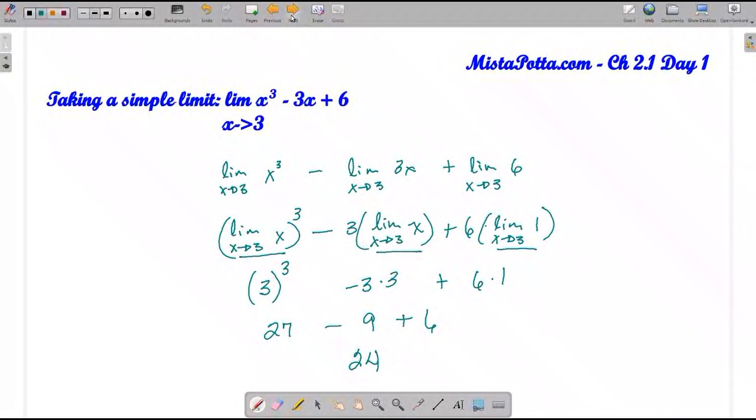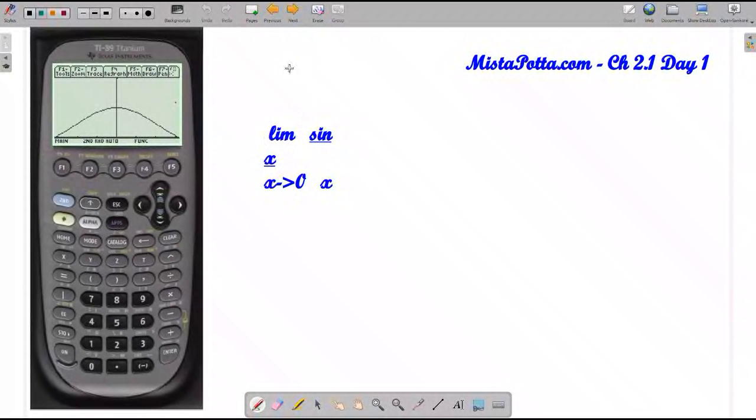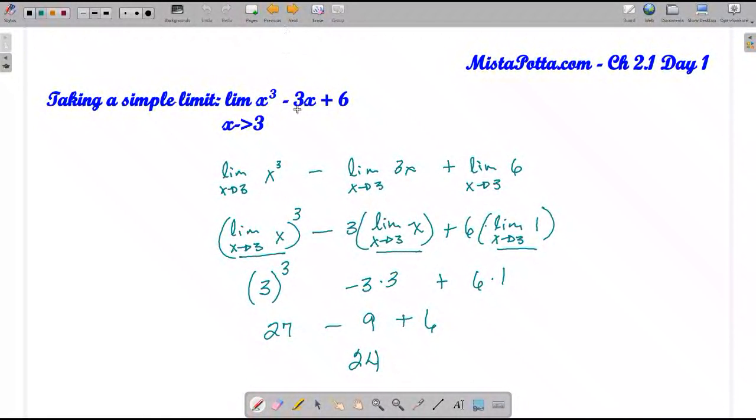So we end up with this idea here, that if I have the limit as x approaches c of some polynomial, all I'm really doing is substituting that value into my polynomial.